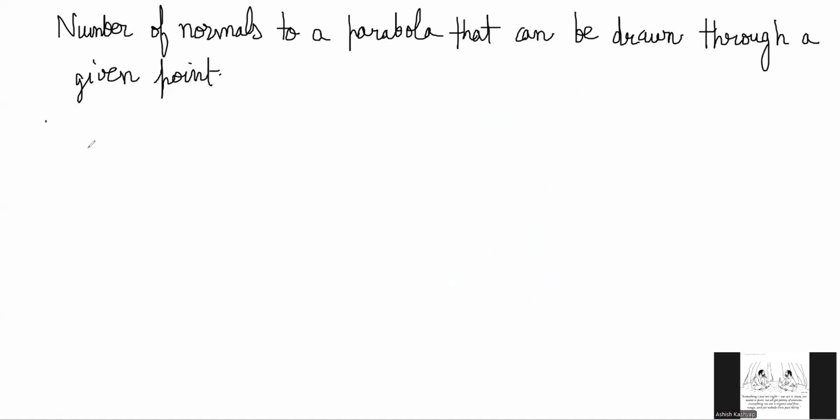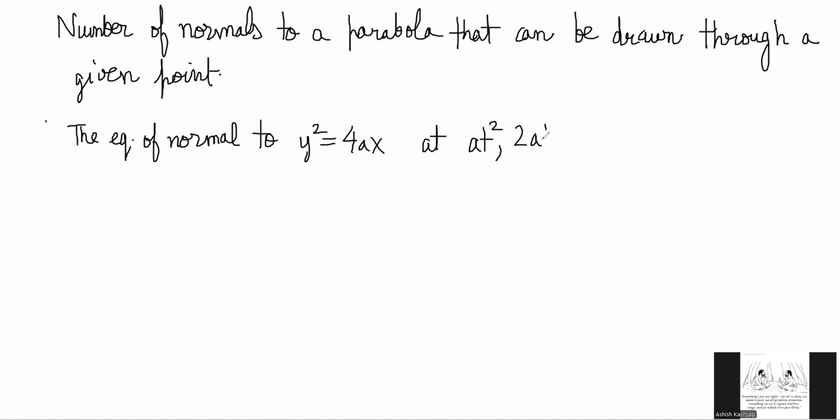So think about it. The equation of normal to y square is equal to 4ax at the point at square comma 2at.